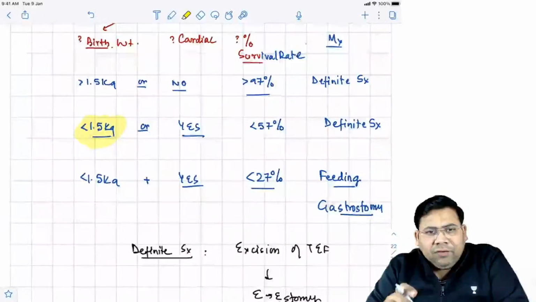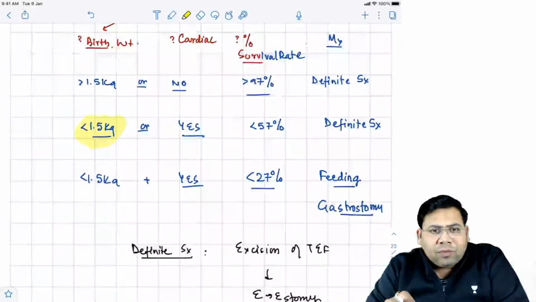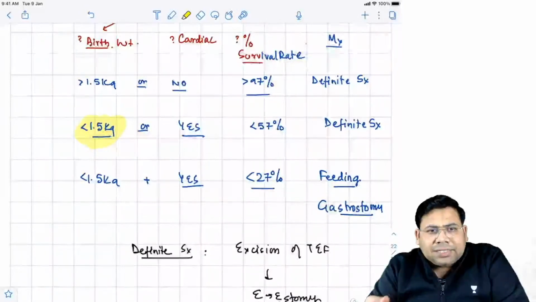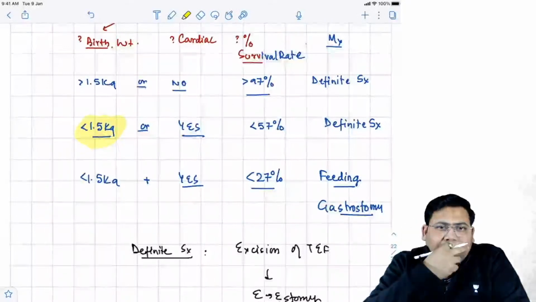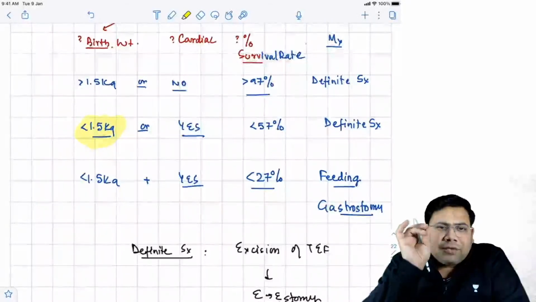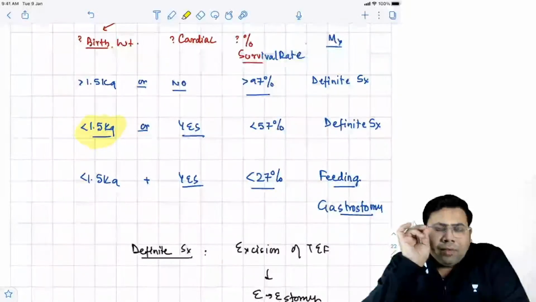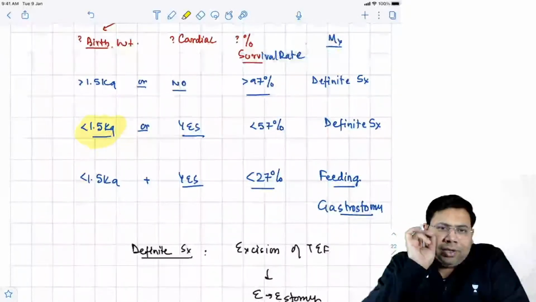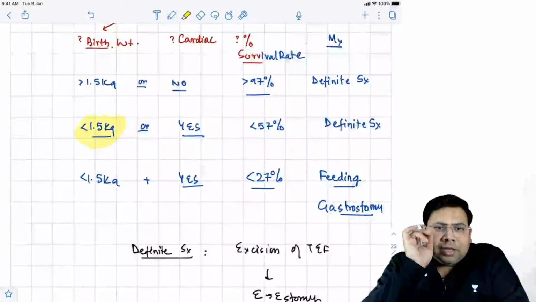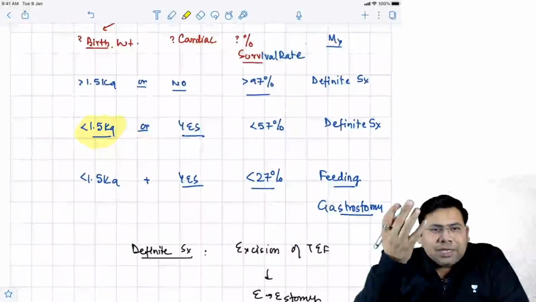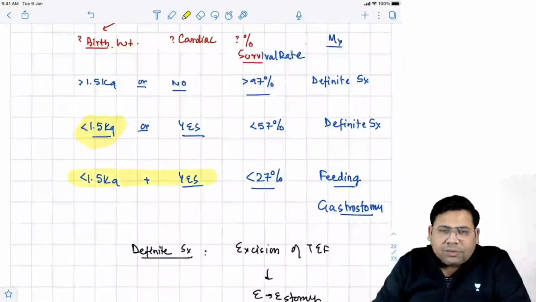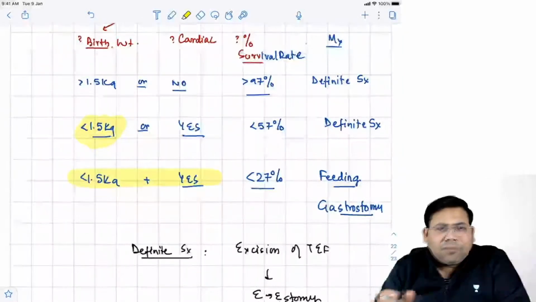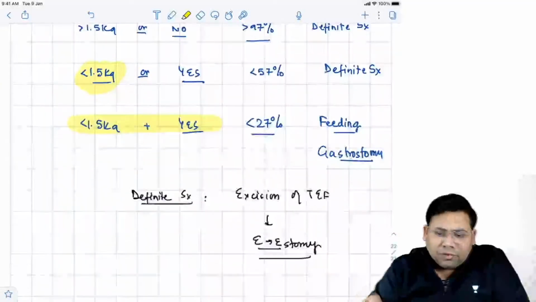Less than 1.5 with cardiac anomaly, or either the weight is less, but birth weight is very important. So if birth weight is less than 1.5 and there is a cardiac anomaly less than 57%, here both should be present, either of them or both. This is how we are seeing.